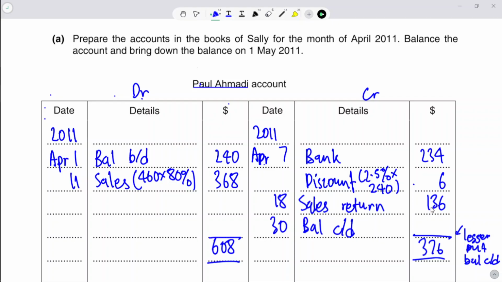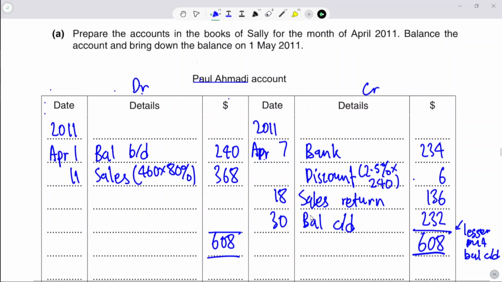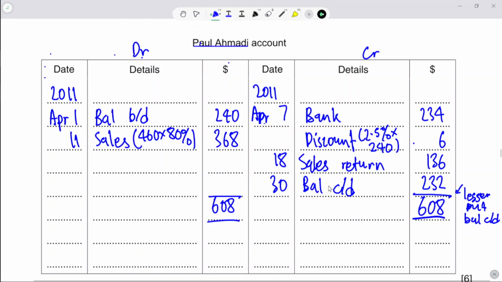Get 232. Then replace it. Then bring down to next day.